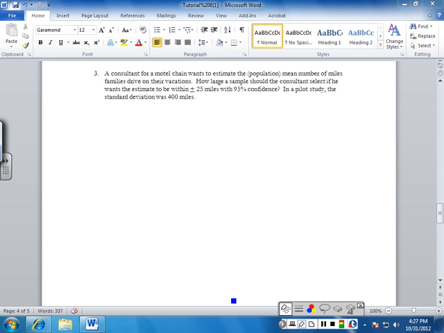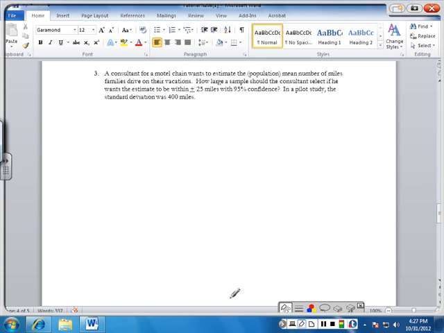So I'm going to say on this, if you recognize what kind of problem it is, and in this case, it says how large of a sample, so we're looking to see what the sample size is, and then you just need to make sure you're straight about whether we're estimating means, which this one says, or proportions.